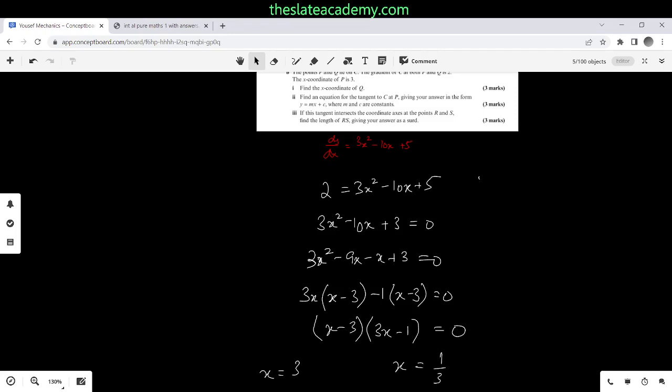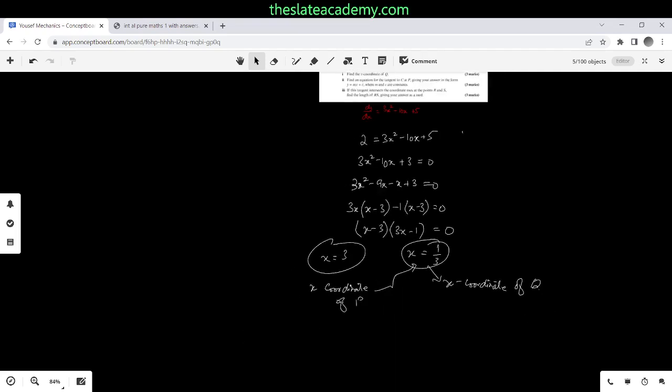So if I am told that the x coordinate of P is 3, then this one over here will be the x coordinate of Q. Because we are given what P is.